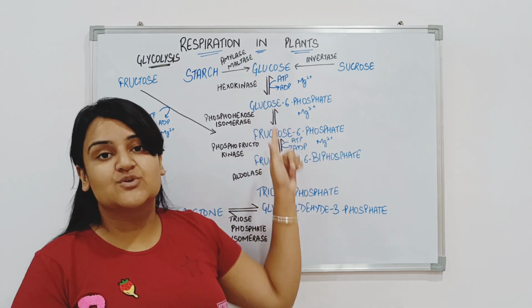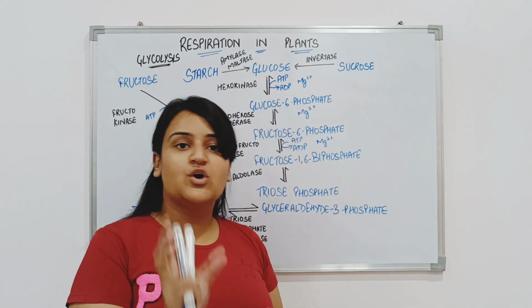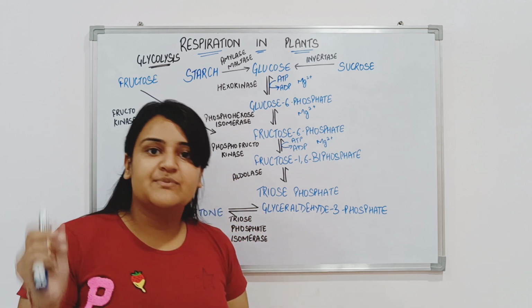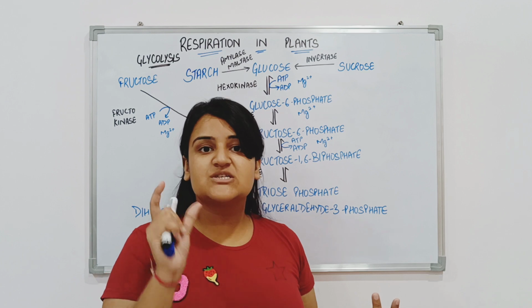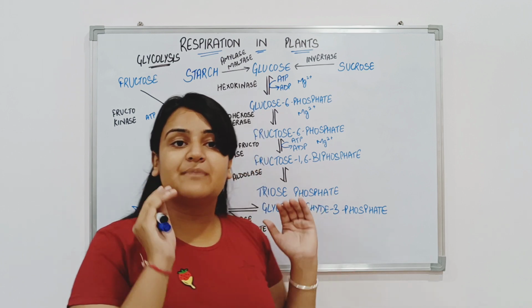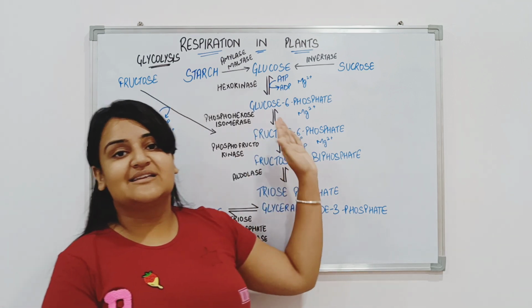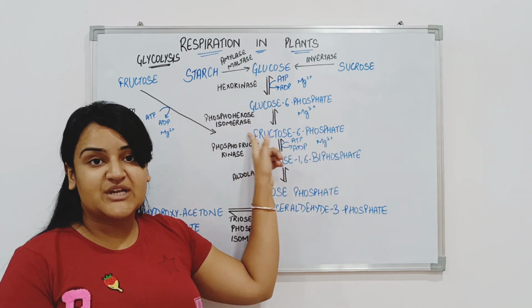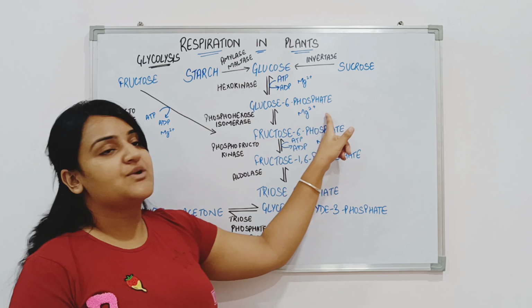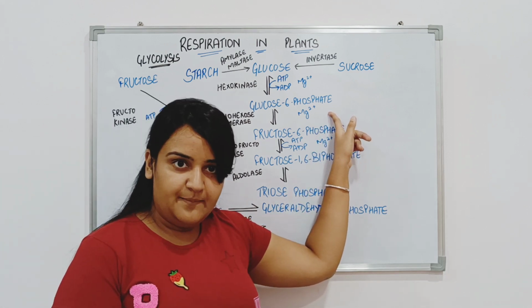They are isomers of each other. The formula, if you see, is the same. The number of carbon, hydrogen and oxygen atoms is the same. Just the shape, the structure of the compound, is different. That is why they are isomers. So phosphohexose isomerase is used in the presence of Mg2+ ion.